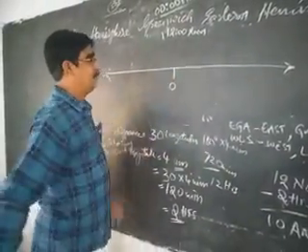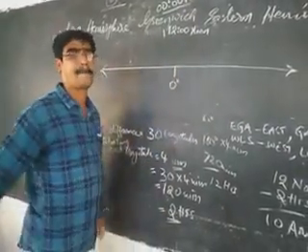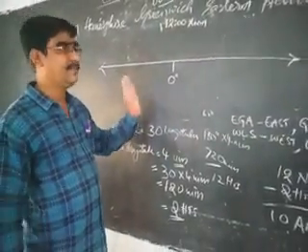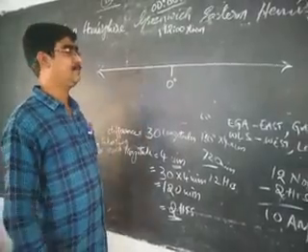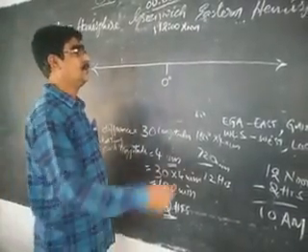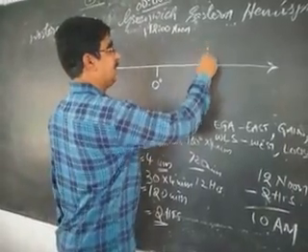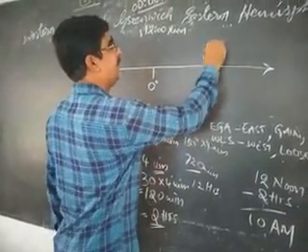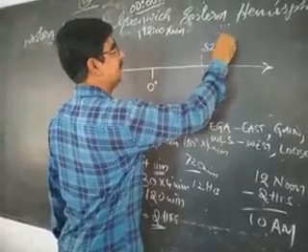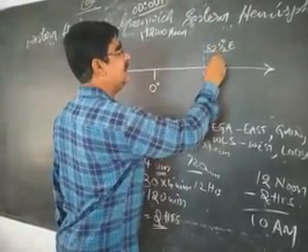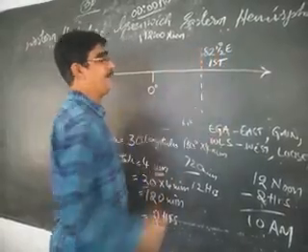For example, this is 0 degrees. Observe it neatly, you can understand very well. India is on this one, 82.5 degrees east. It is Indian Standard Time.